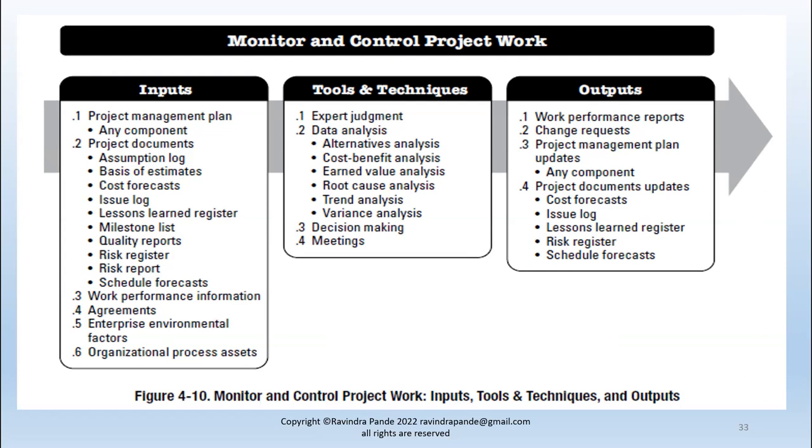Then quality reports. These are again most of these PMIS reports or the efficiency reports we normally talk about. So if there are any changes in efficiency, I'll mention it in these quality reports as well. And of course, as the assumption log changes, so do the risk register and the risk reports.